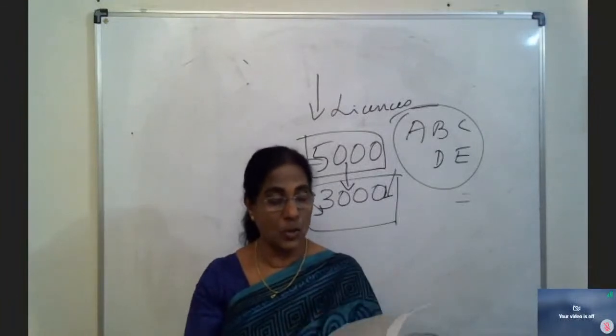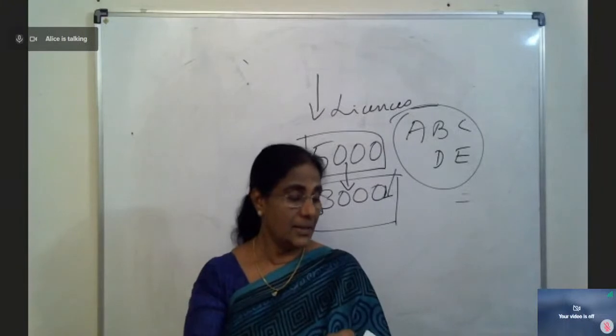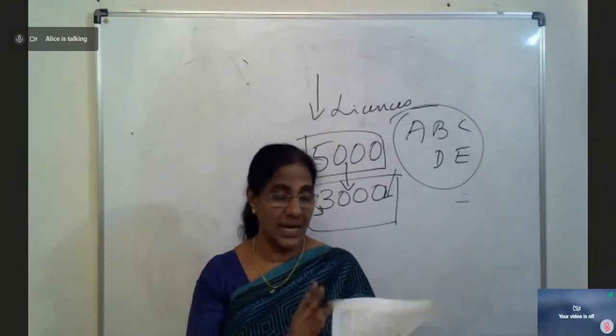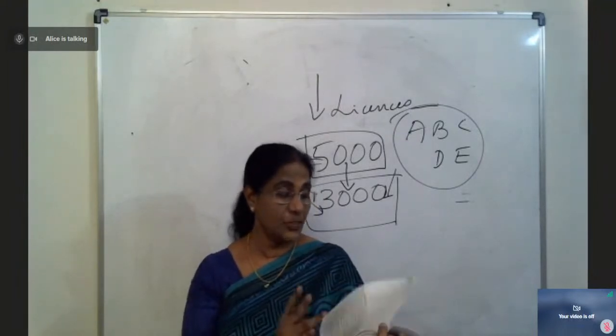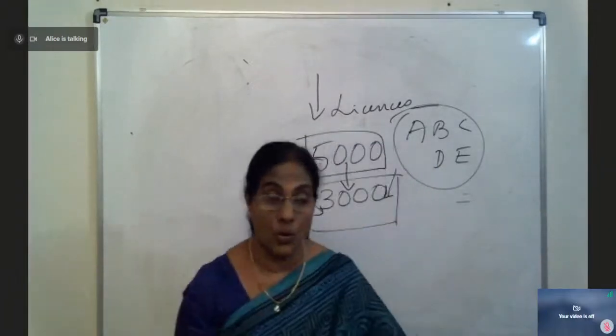Three more pages to go, but if you can read, please keep reading it. And tomorrow we will have to go to trade negotiations and finish it. Since we have done all these terms, it should be kind of easy tomorrow.